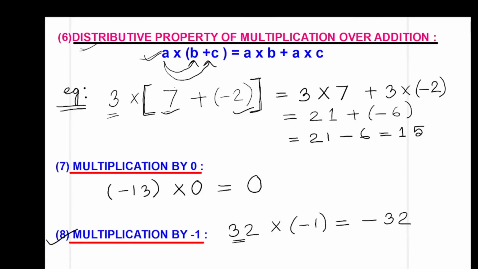And if it is minus 7 into minus 1, what will be the additive inverse of minus 7? 7. Or simply you can remember it like this: positive into negative is negative, 32 into 1 is 32, then 7 into 1 is 7. Negative into negative is positive.